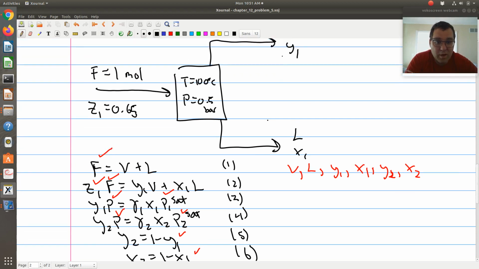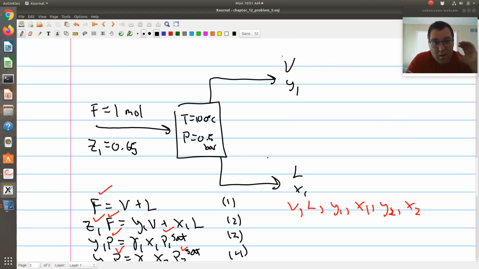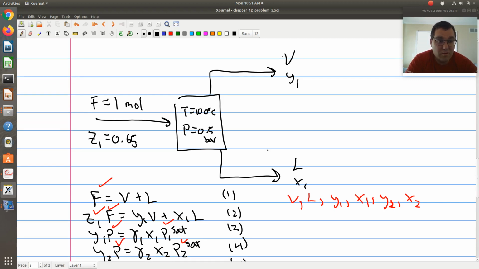It's just when you come to problems like this, my advice is to draw your flash drum so you get a handle of what you have, and then write out all the applicable equations. Mass balances: binary system, I have 2 mass balances. The number of mass balances is equivalent to the number of components in my system. Then your isofugacity expressions. The number of isofugacity expressions is also equal to the number of components in your system.